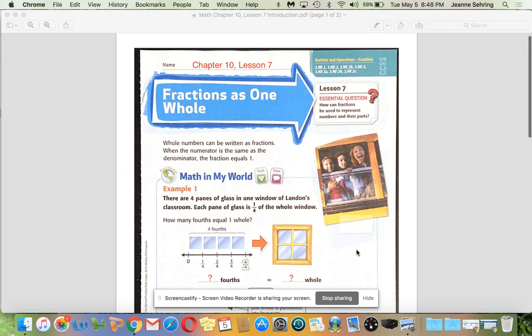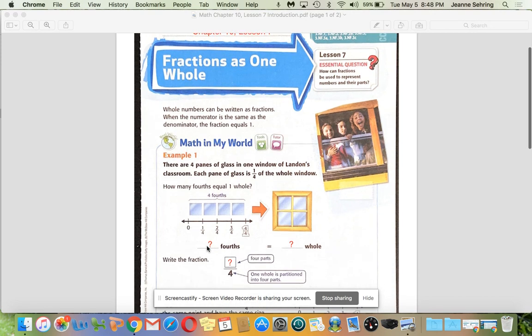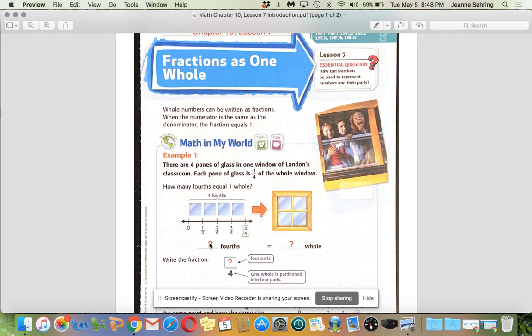It's worth 1. So let's look right here. This is divided into 4/4, right? 1/4, 2/4, 3/4, 4/4. There's 4/4, and that equals one whole window.